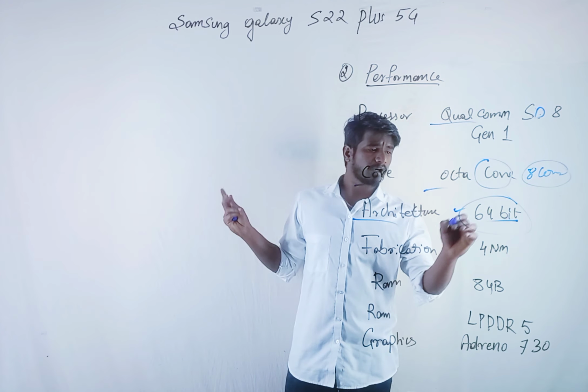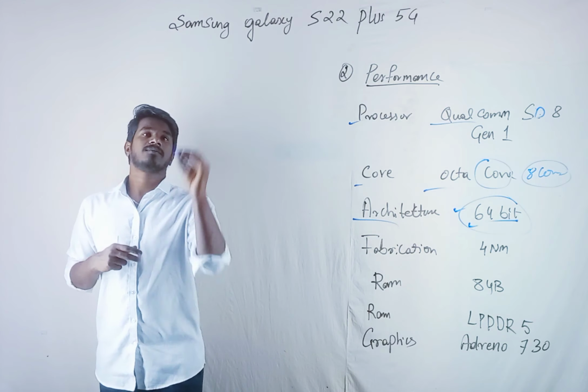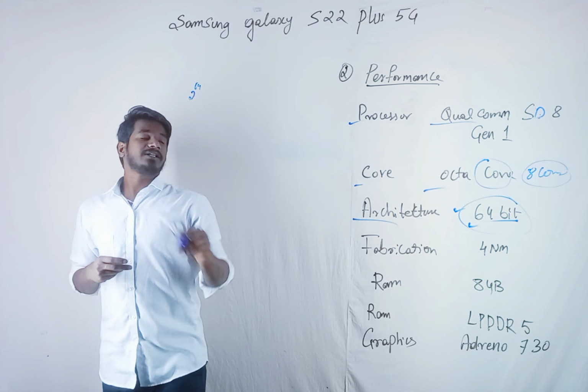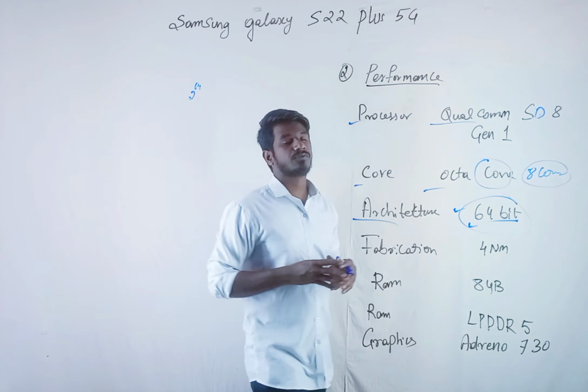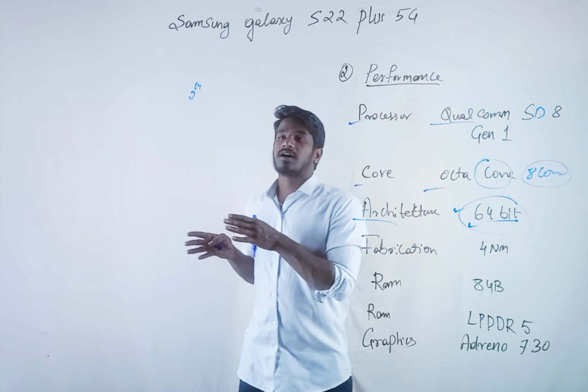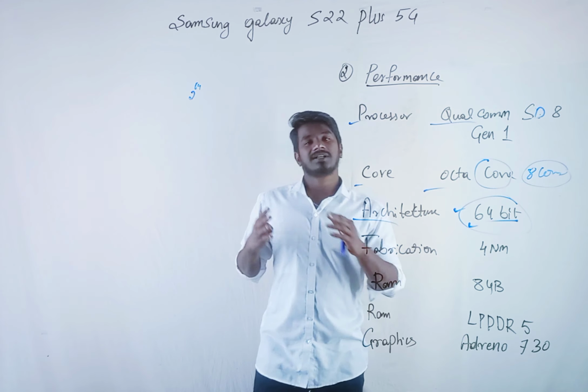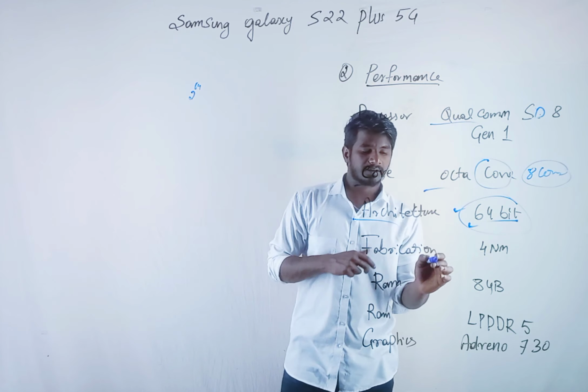Fine. What do you mean by 64-bit? It means 2 to the power 64, it can access 2 to the power 64 memory addresses. That means it can access or handle anything more than 4 GB of RAM. That's the meaning of this. Fine.